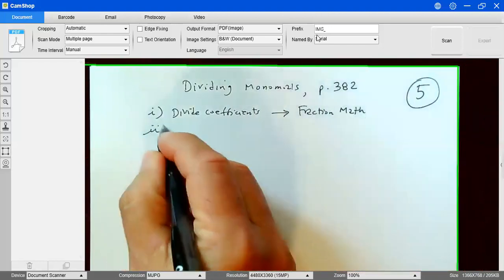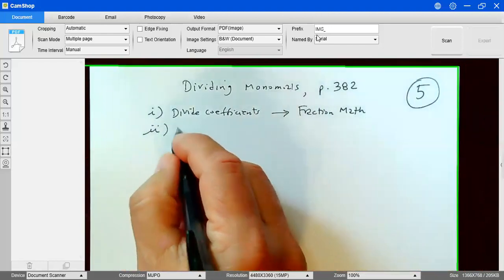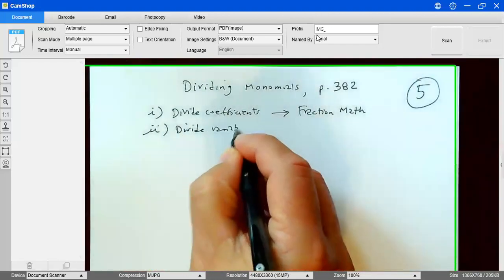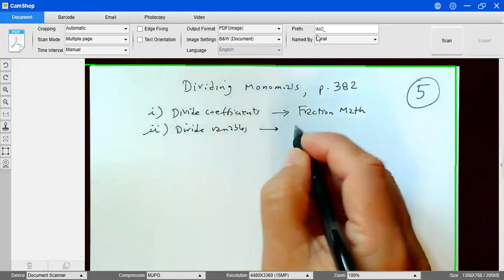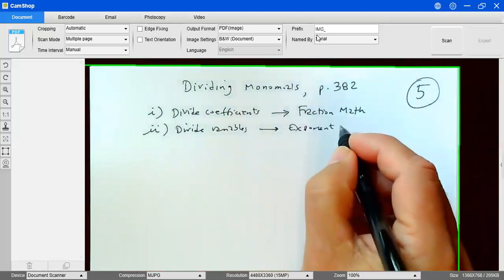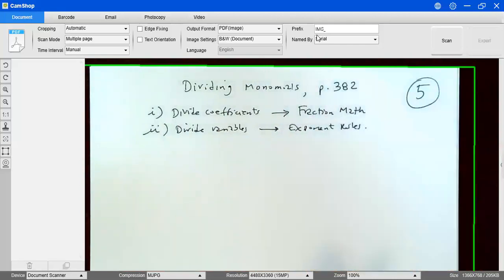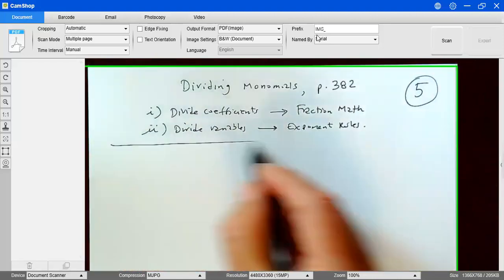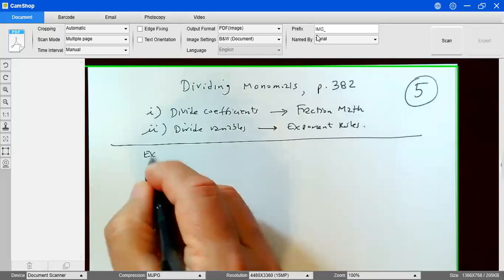And then at the same time, we're going to divide variables. So we're going to use the exponent rules that we learned in the previous part of this lecture, and also the rules that we learned from previous sections.